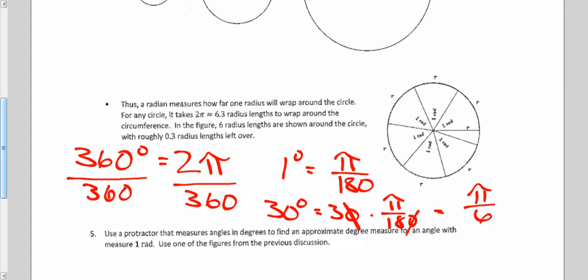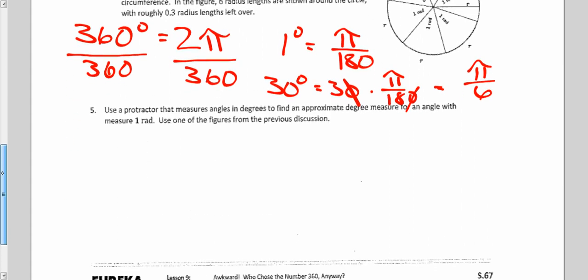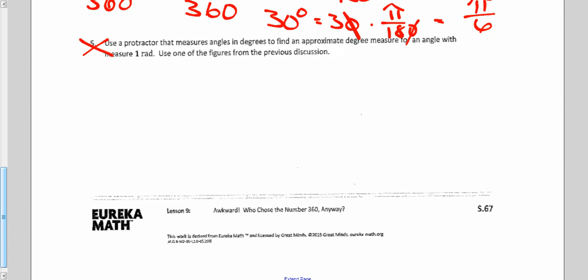How many radians does 90 degrees equal? Go ahead and do that on your sheet. Cross out 5. And I want you to find 90 degrees equals what? How many radians is 90 degrees?